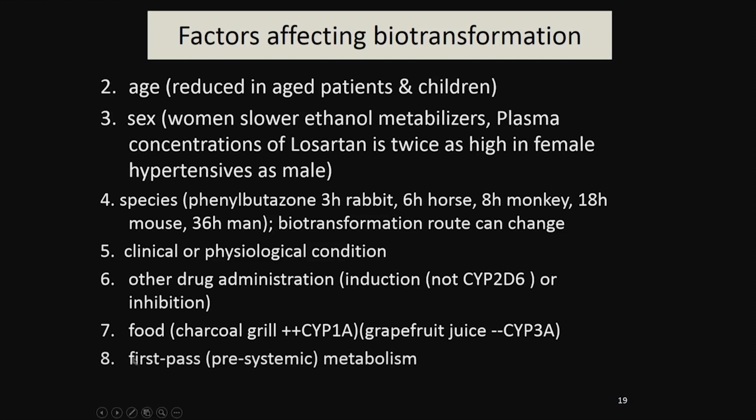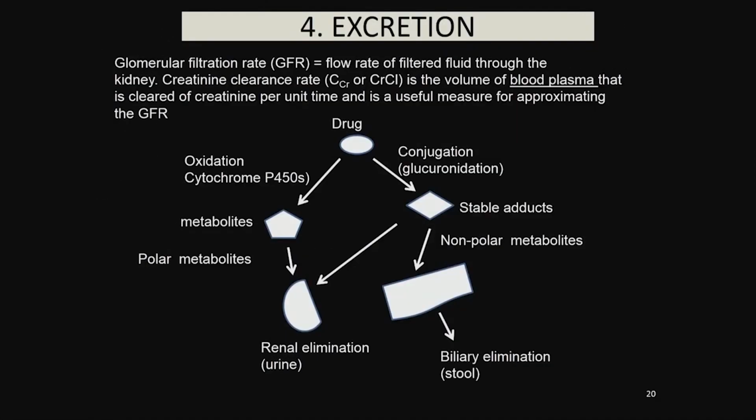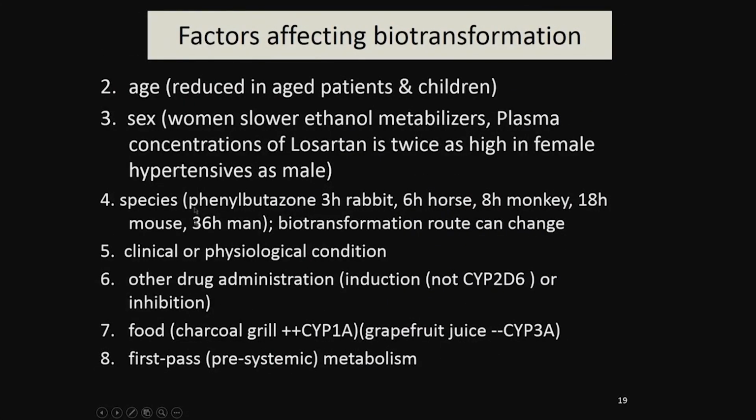First pass: initially when the blood with the drug flows through the liver, the concentration is high and maximum biotransformation takes place. When it comes back again, the biotransformation levels are much lower. So we find many factors affecting biotransformation, and a drug can become toxic because of changes in its structural features, and a drug can be toxic if certain enzymes which biotransform it do not exist, whereas they may exist in some other population.